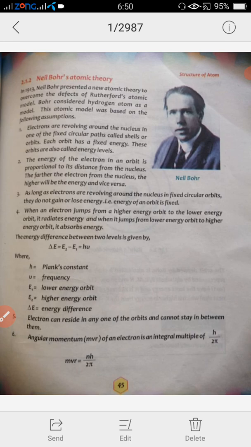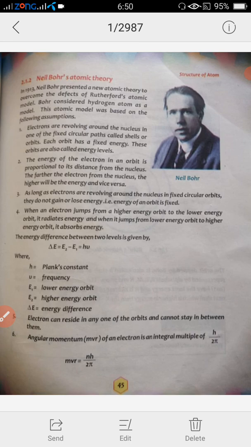So students, we know that the defects of the Rutherford atomic model are: the Rutherford atomic model was based on the laws of motion and the laws of gravitation, which are applicable to neutral bodies.